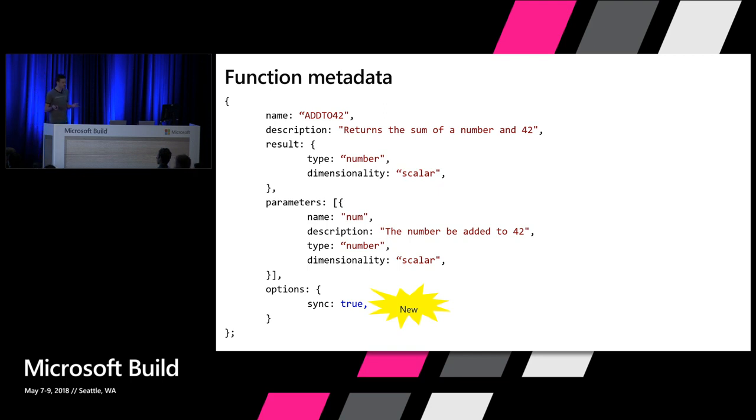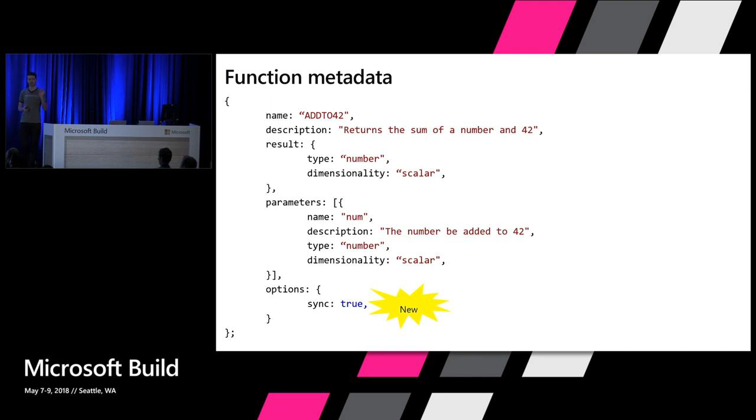Also pretty easy. It specifies the name of the function at the top. It's got that description. That description, you might remember, that's what you see in that autocomplete field inside Excel once you start typing it in. The name is what you see in the autocomplete field. The description is what you see when you hover over that field in Excel, and you see the more detail about the function.